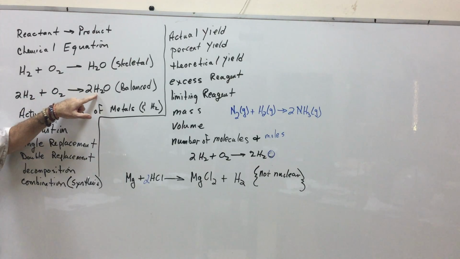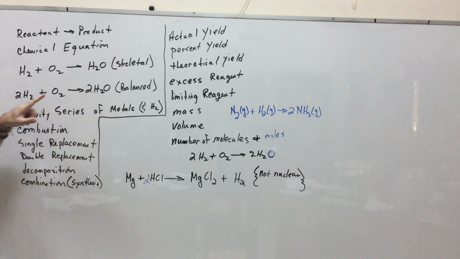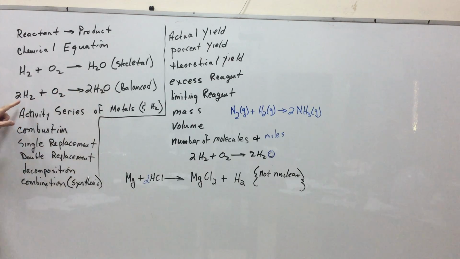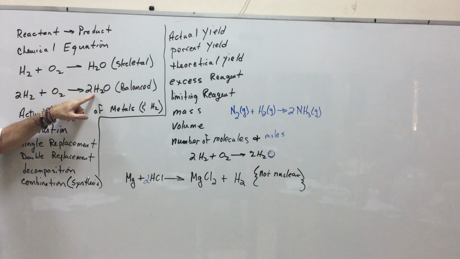And I'm going to produce 2 molecules of that, correct? Or I could say, I'm going to have 200 molecules of this, 100 molecules of this, 200 molecules of this. This will be 2 billion molecules of this, 1 billion, 2 billion. Or 2 moles of this, and 1 mole of this, and 2 moles of this.